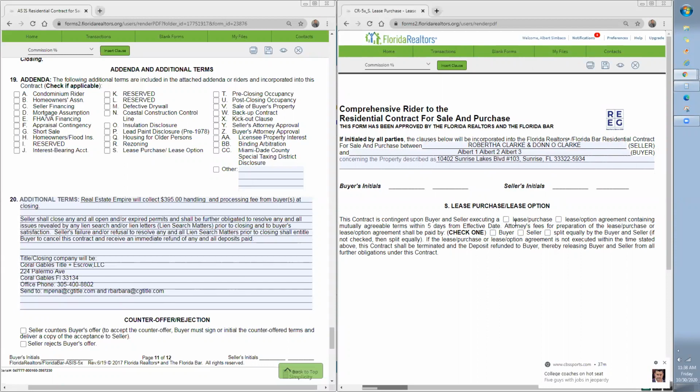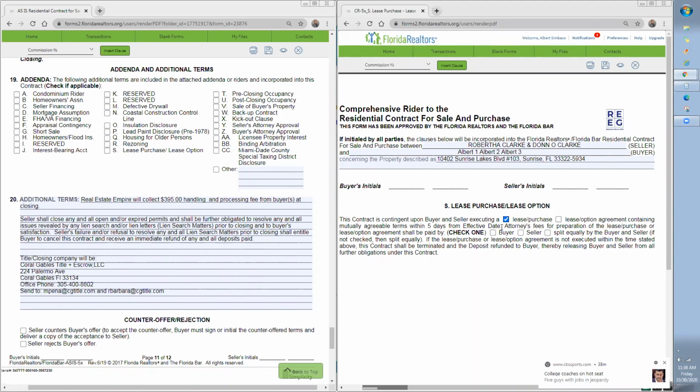The lease purchase is an actual guarantee that the client is going to lease the property for X amount of time and then will purchase it at the offer that they are giving for the as-is residential contract. There is no change if you select this option.